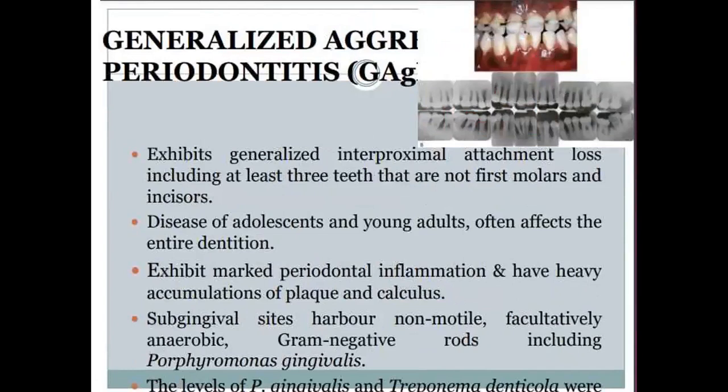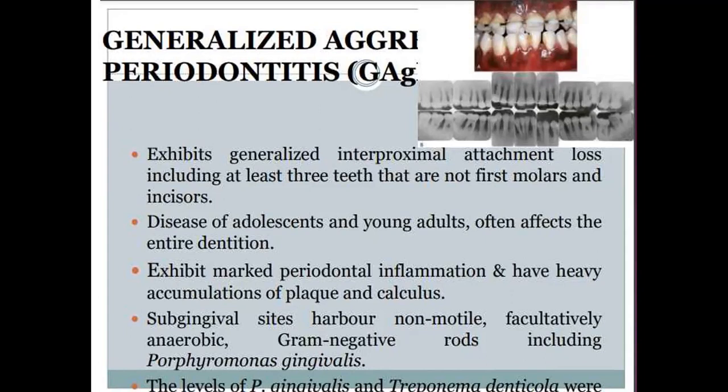Coming to generalized aggressive periodontitis, these patients exhibit generalized interproximal attachment loss, including at least 3 teeth that are not first molars and incisors. In young individuals, the onset of these diseases is often circumpubertal. Usually, the localized form appears to be self-limiting, while others suggest that it is not.